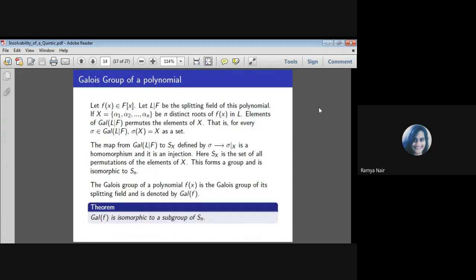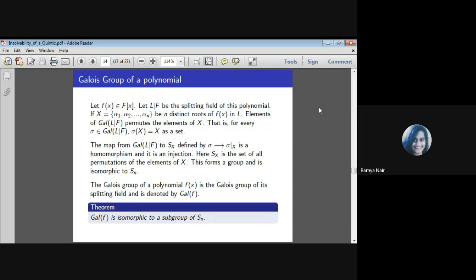The Galois group of a polynomial is nothing but the Galois group of the splitting field of that polynomial over F. Here F, as I said, is always Q.